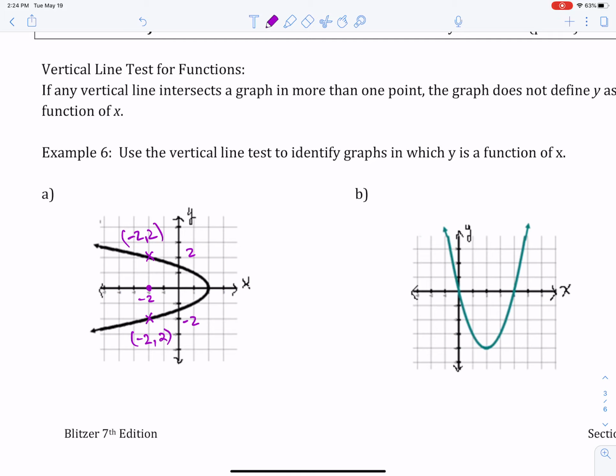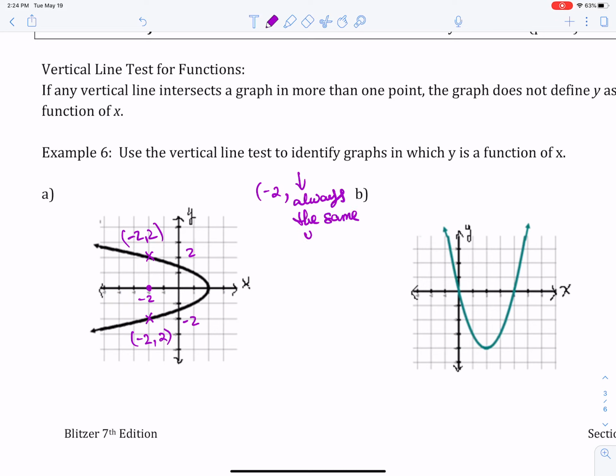A function would always have the same y value for every negative 2. So that's not the case.